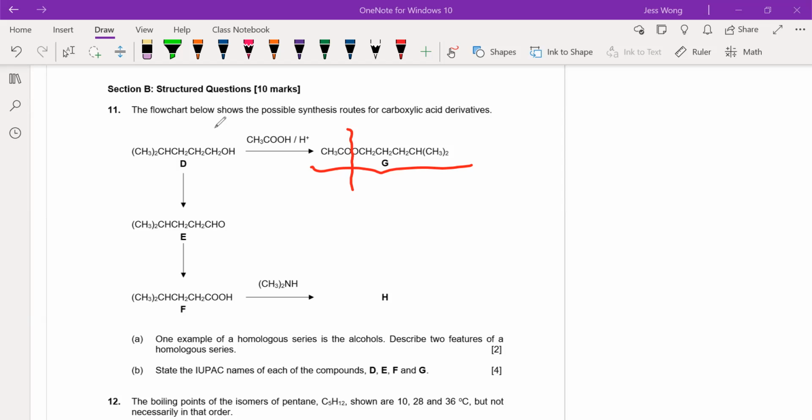That was from our alcohol; if you remember, it was from our 4-methylpenta-1-ol. So it's called 4-methylpentyl. That is the alcohol part of the ester, and then the acid has 2 carbons, so ethanoate. All right, 4-methylpentyl ethanoate. That's the name for G.